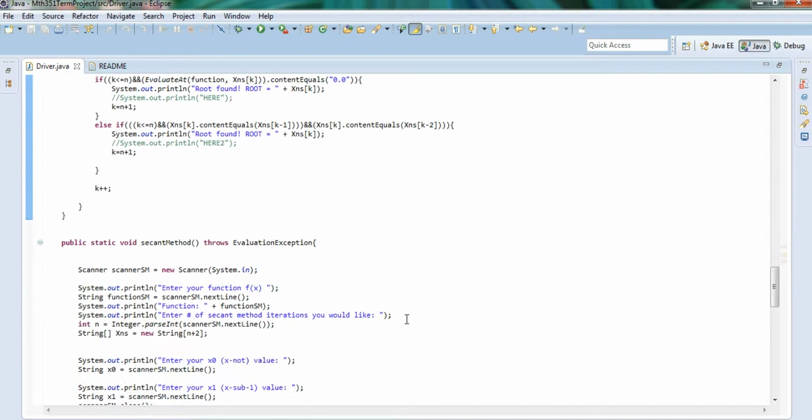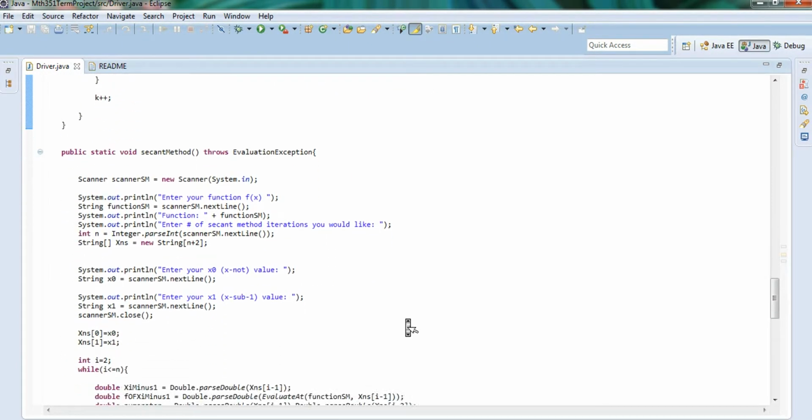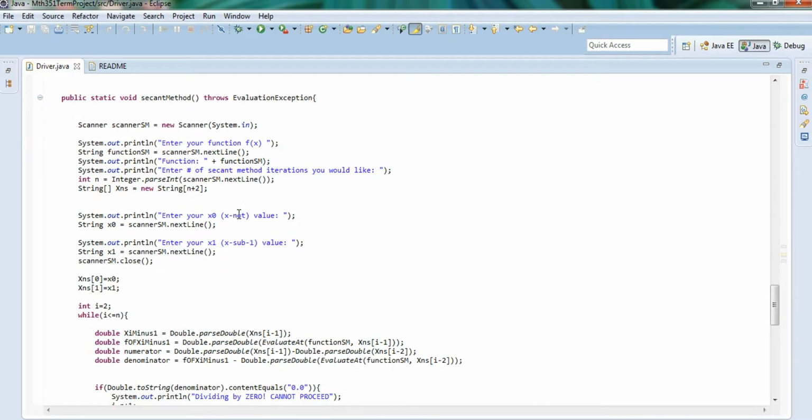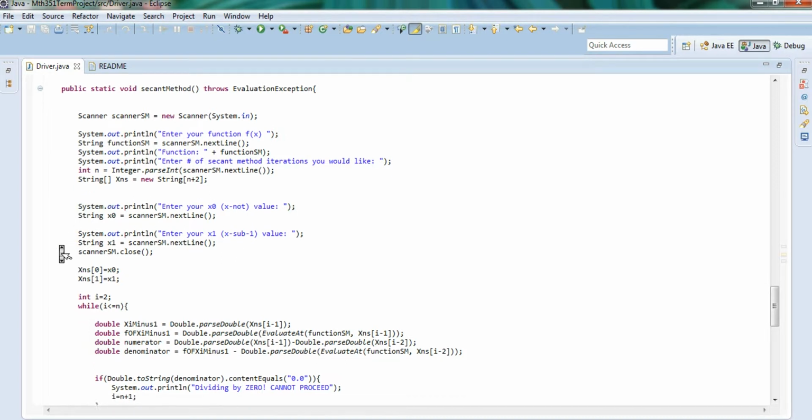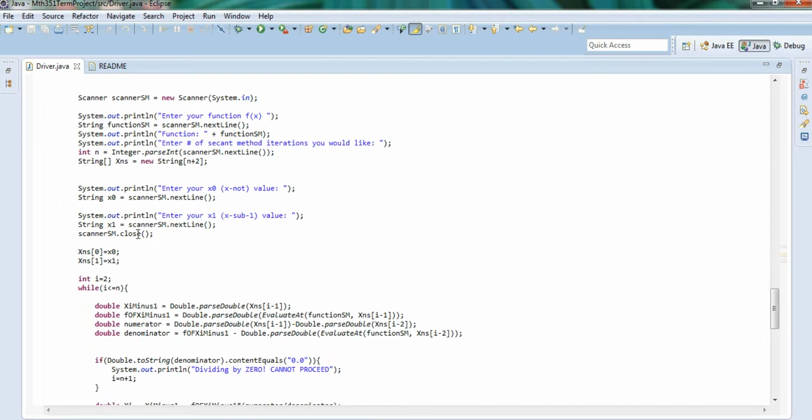And then down here we have secant method, and you enter the function, the iterations, and points x0 and x1, given by the user. Again, we have an x sub n list, which is defined up here.